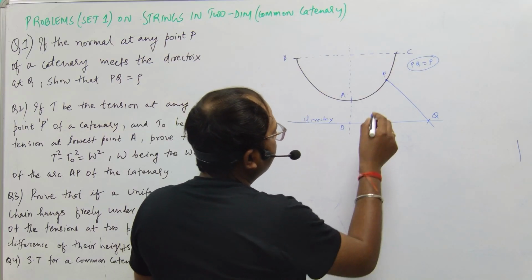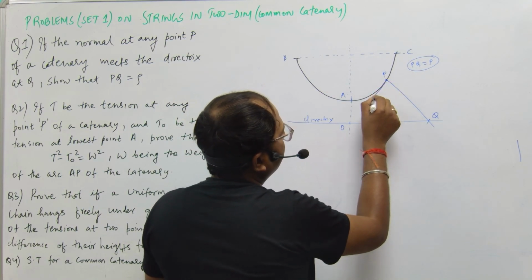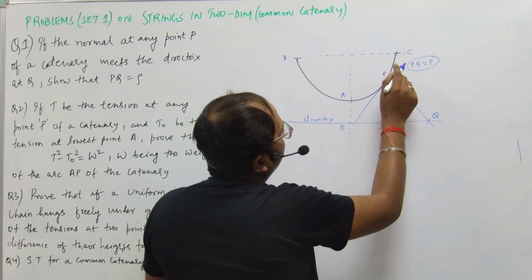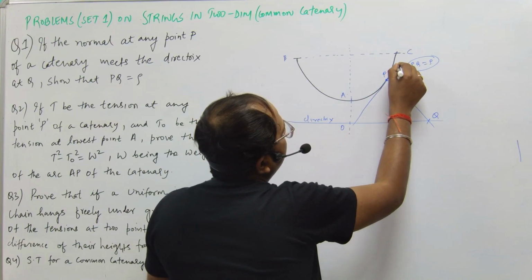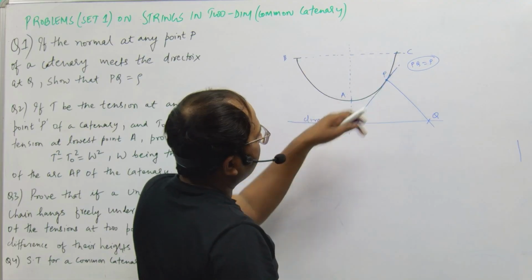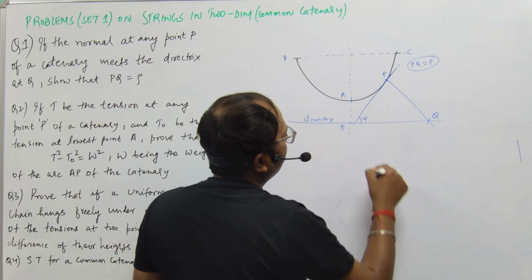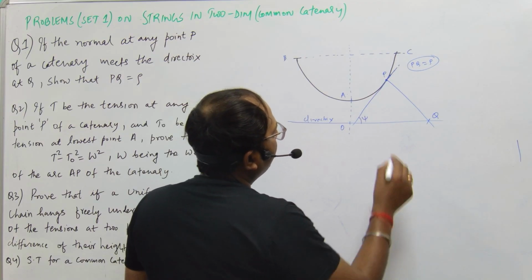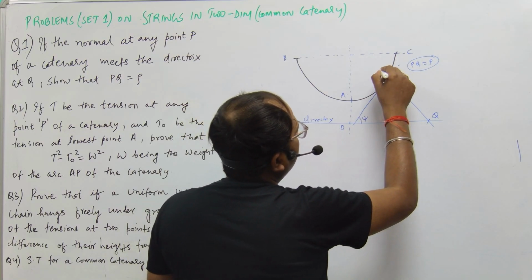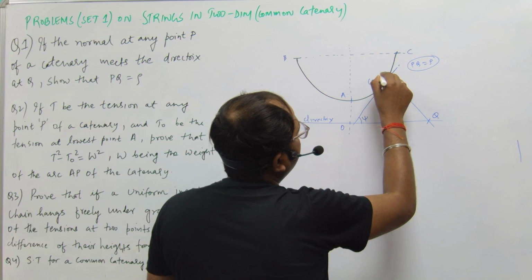Okay, now let us draw the tangent at point P. Okay, this is the tangent at point P, and let us take that this tangent makes an angle of psi with the horizontal. Okay, and let us take the coordinates of this point P as (x, y).